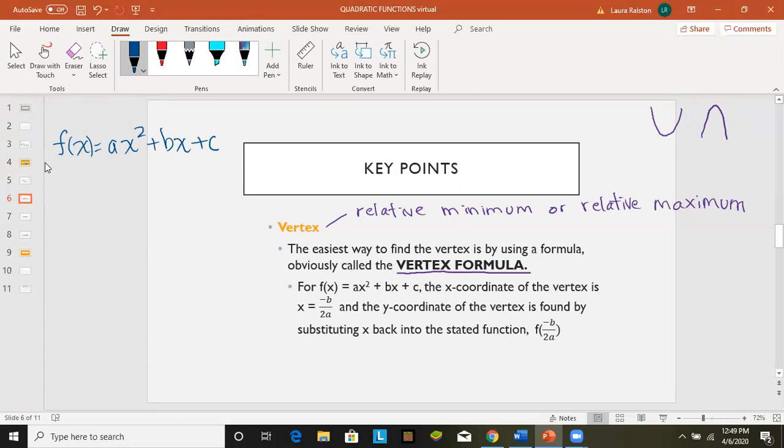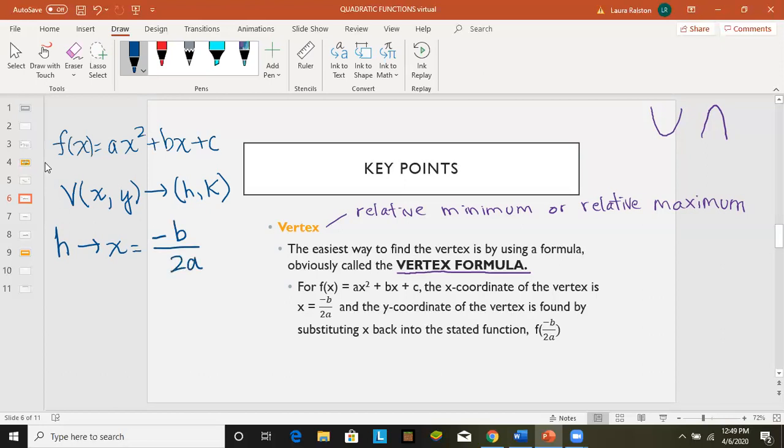For the vertex, you have to have an x value and a y value. Again, we normally refer to those as h and k. So to find the x coordinate of the vertex, which we often call h, we're going to use the formula opposite of b over 2a.